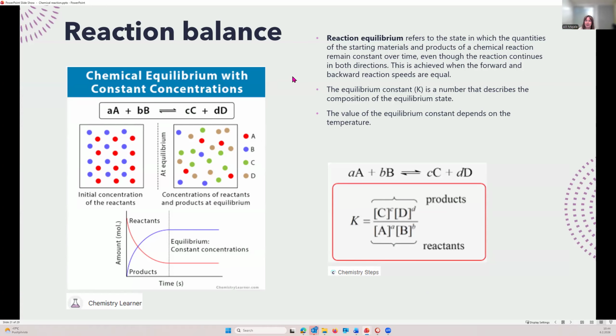Reaction equilibrium also has to do with the chemical reactions, because we were talking about chemical reactions that had a single arrow from the reactants to the products. But this is not, of course, many times the case.